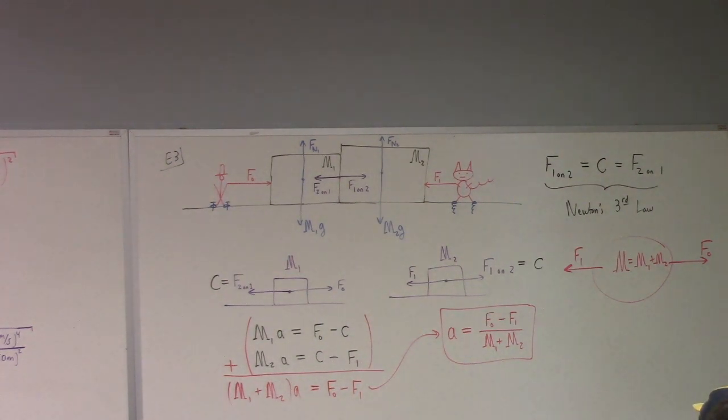See, I can figure it out because I wrote down Newton's laws, and now I can do algebra and solve for C. So pick your poison, whichever one you like.